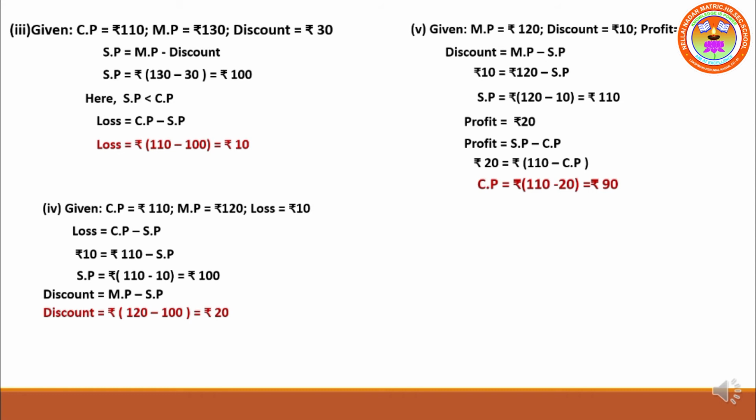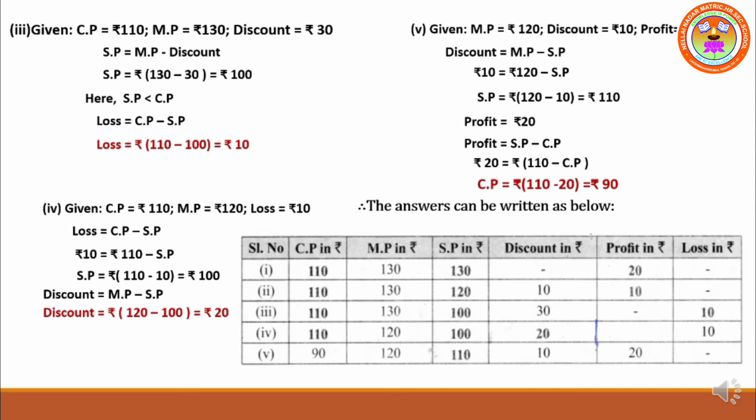So now I have found all the missing blanks in the boxes. These answers will be written in the tabular column like this. So I filled up the boxes. Children, understood the fourth sum? Very good. Let us move on to the next question.